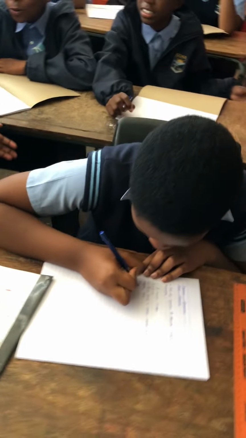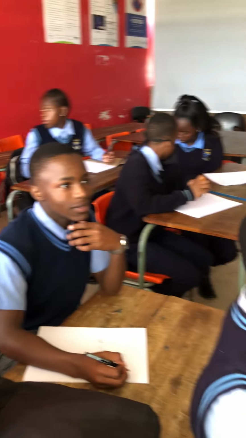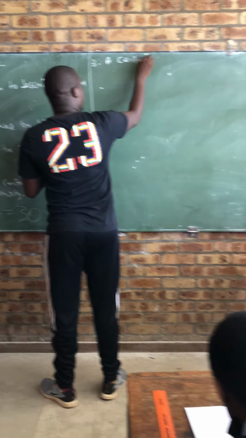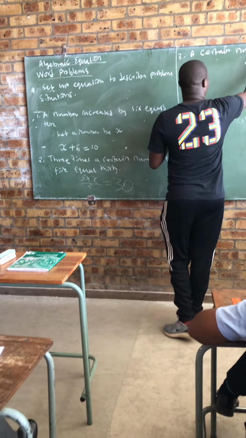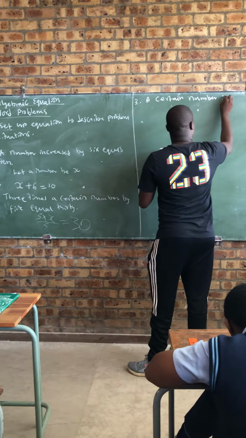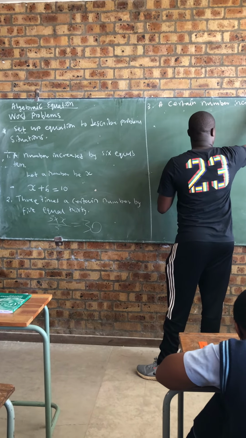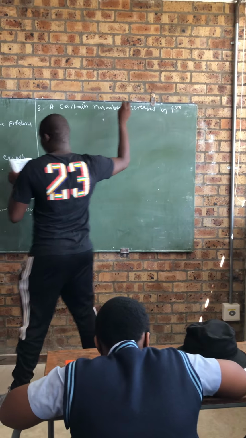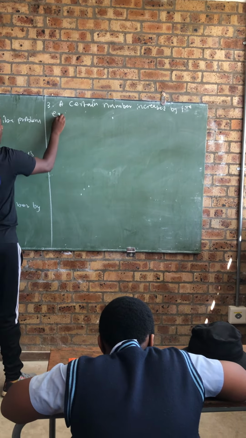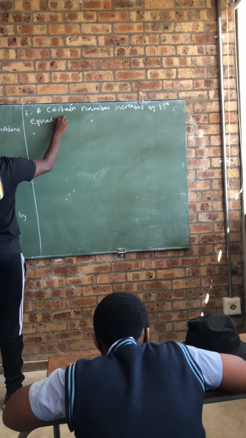So let's say, number 3: a certain number increased by 5 equals 8.